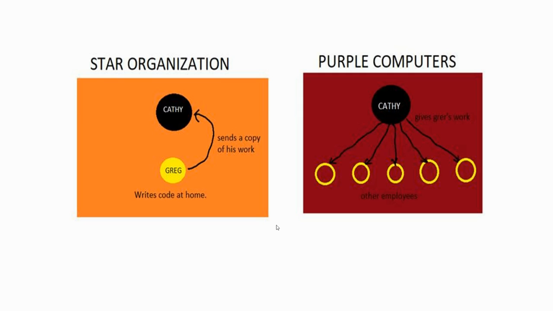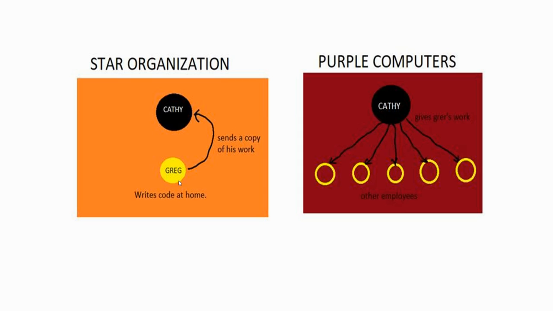So, I'm starting to discuss the case study. I just tried to represent my case study in a block diagram. In our case study, we have initially Greg, who works for Star Organization, and Greg writes code at his home.